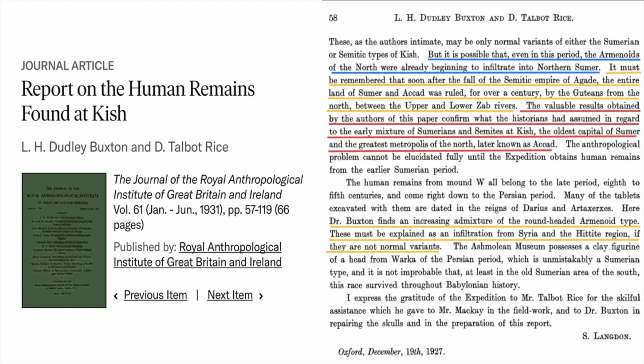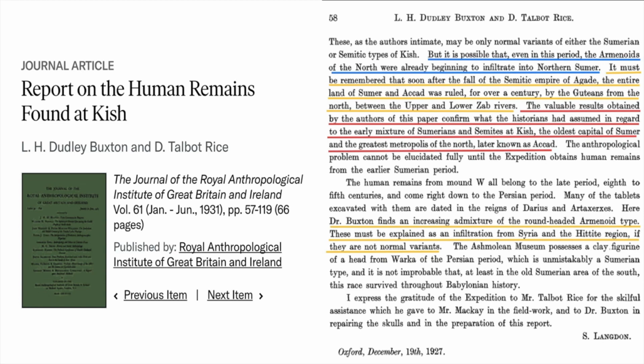This is from Report on the Human Remains found at Kish. "But it is possible that even in this period, the Armenoids of the north were beginning to infiltrate into northern Sumer. And it must be remembered that as soon as the fall of the Semitic empire of Akkad, the entire land of Sumer and Akkad was ruled for over a century by the Gutians from the north, beyond the upper and lower Zeb rivers.